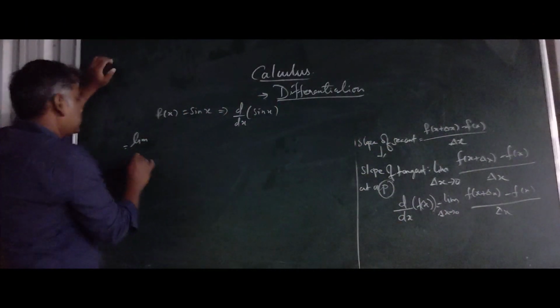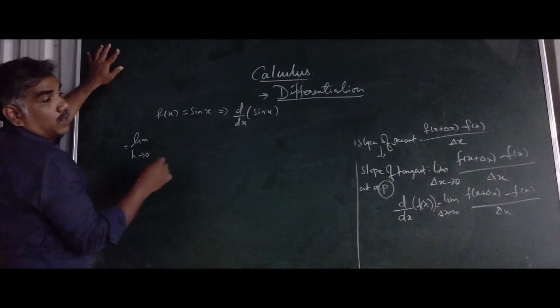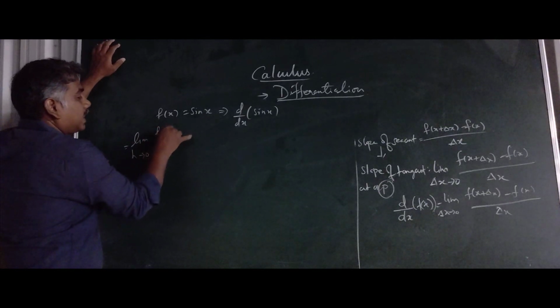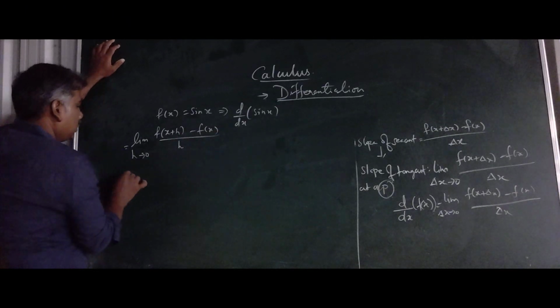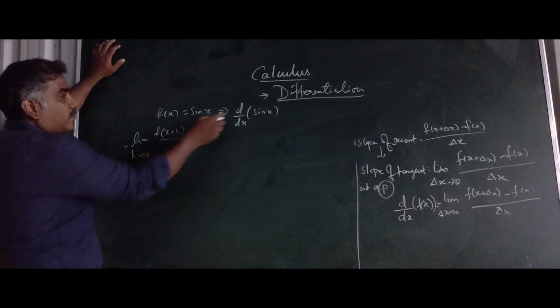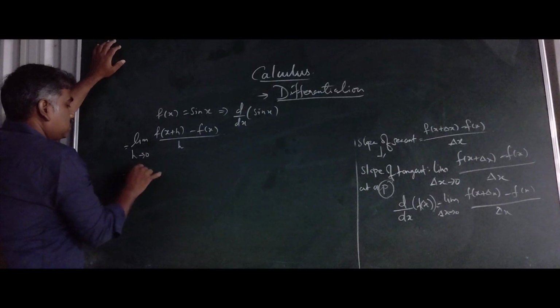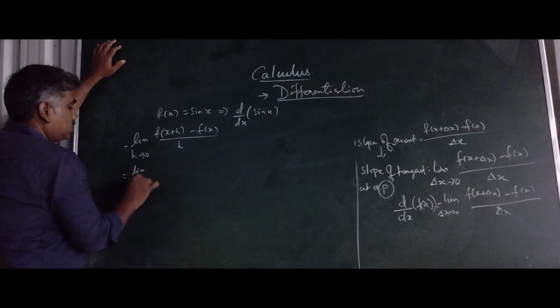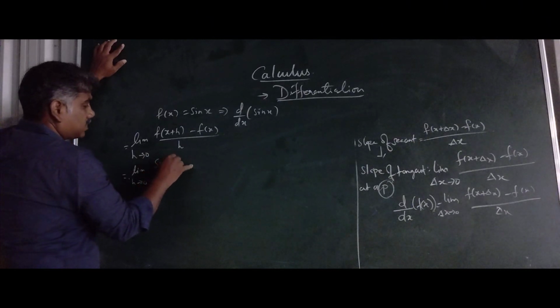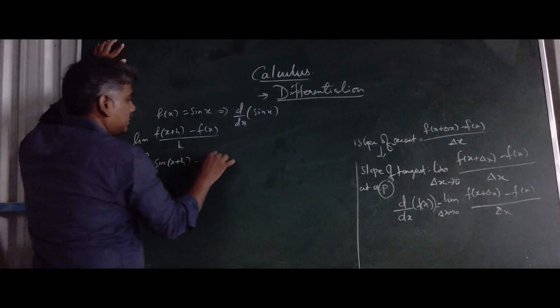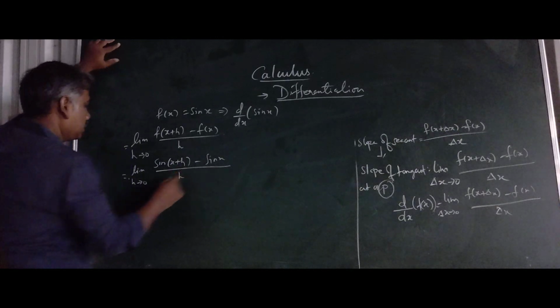Instead of del x I am going to use h tends to 0, and the formula is f of x plus h minus f of x divided by h. Applying this, you will get limit h tends to 0 of sin of x plus h minus sin x divided by h.